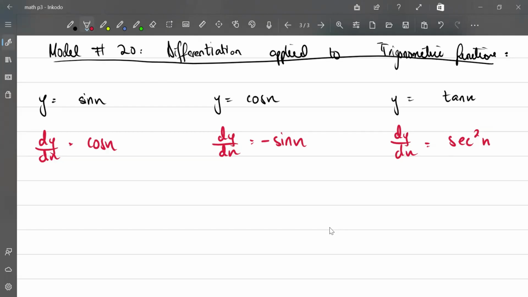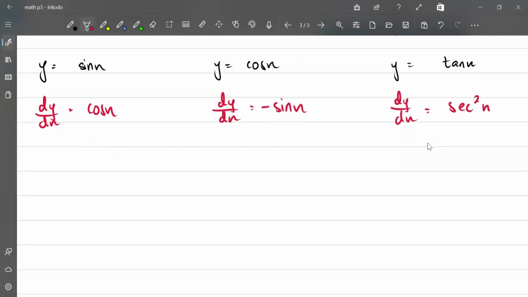So if we have, let's say, y is equal to sin ax, y is equal to cos ax, and y is equal to tan ax.